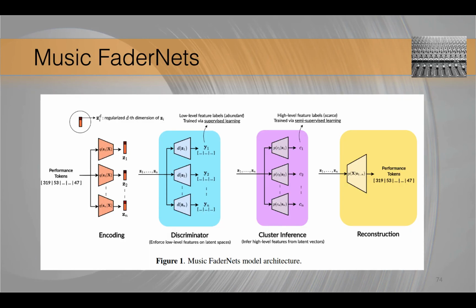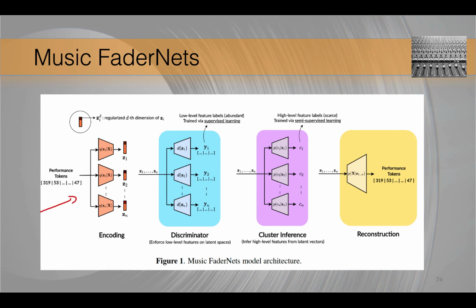For instance, music fader nets. Fader nets try to map hidden musical features. You basically feed the neural network. We don't know what's going on inside.